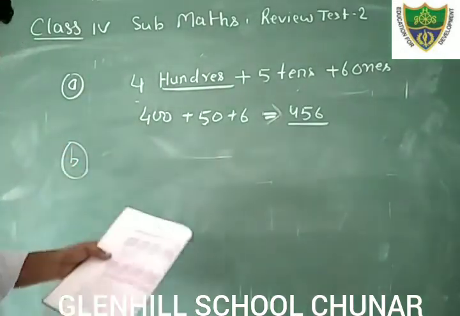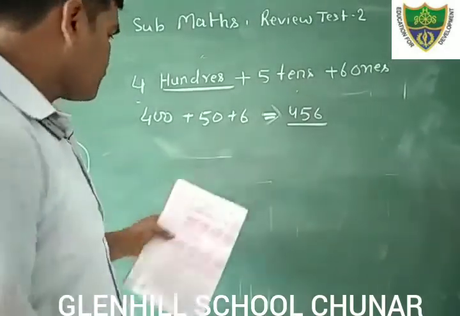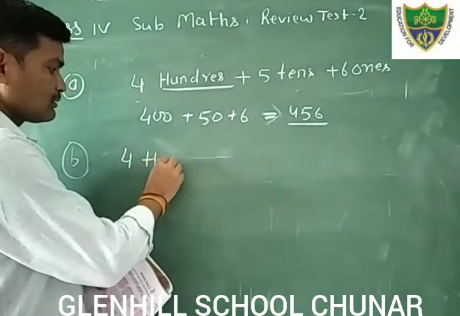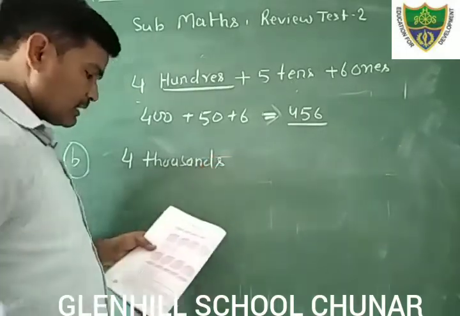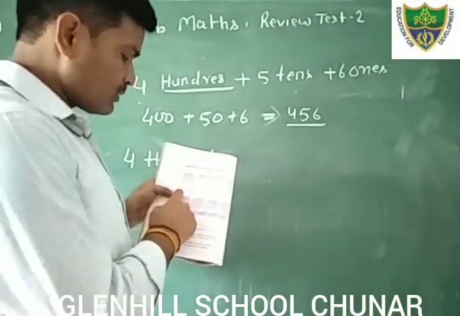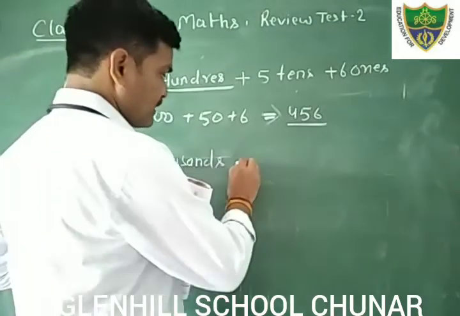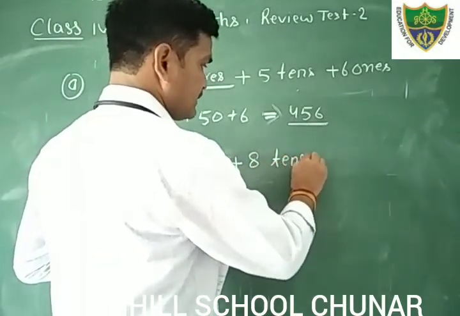Now B. In the B, you can see 1, 2, 3, 4. There are 4 thousands. Again, there is no 100 box, only 10 boxes. 1, 2, 3, 4, 5, 6, 7, 8, plus 8 tens.